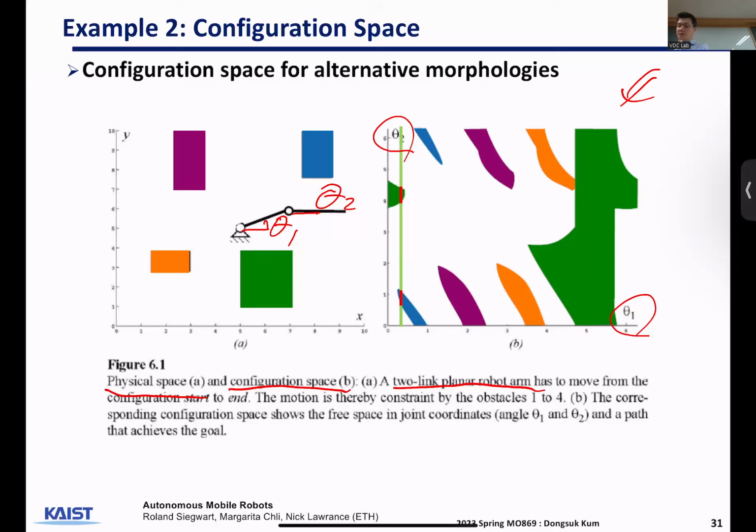Okay, and those are these areas: green, orange, blue, and purple areas. And this is so convenient because what this tells us is that, let's say we have a positional encoder for theta 1 and theta 2, and we can directly tell that we should not get there, right? We should stay within this space, right?